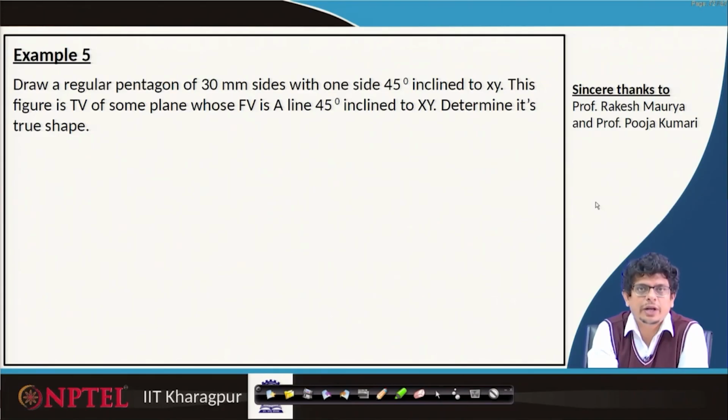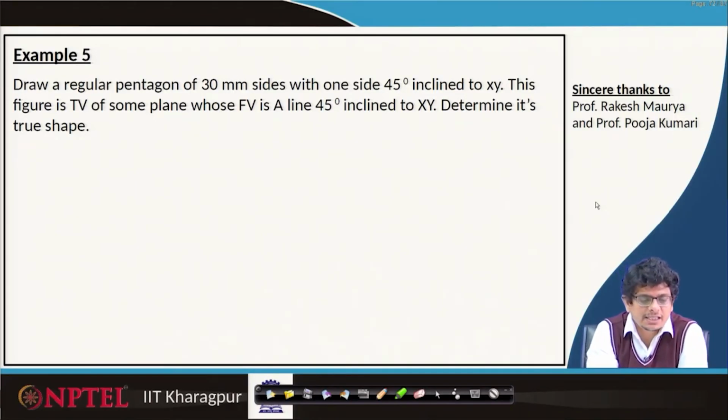Now, let us look at a new example. Here there is a regular pentagon of 30 mm sides with one side 45 degrees inclined to the xy axis. This figure is the top view of some plane whose front view is a line 45 degrees inclined to xy.